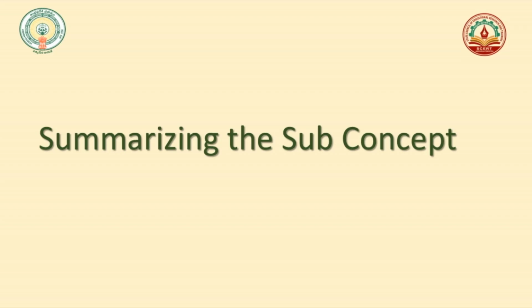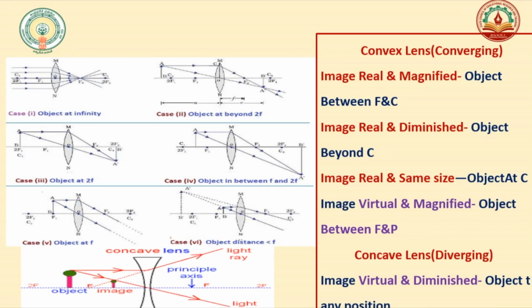Now we are going to summarize the concept. As a part of summarization, we are explaining the differences between image formation by a convex lens and a concave lens.